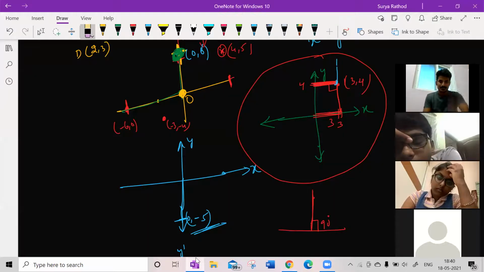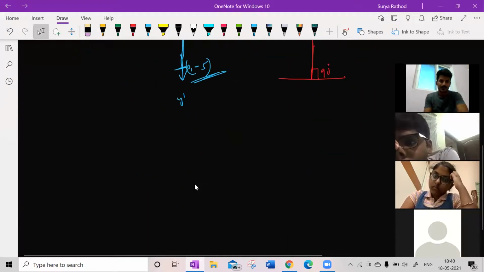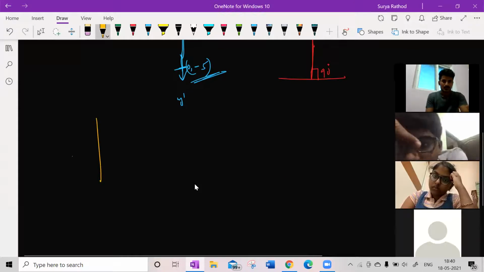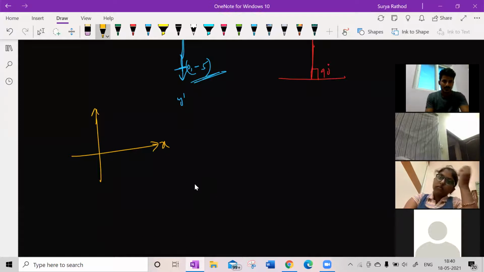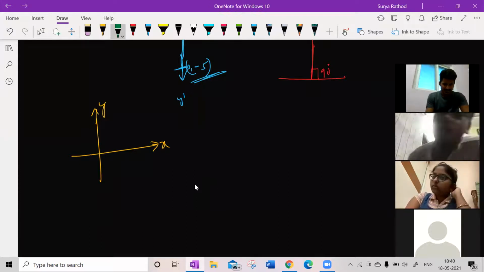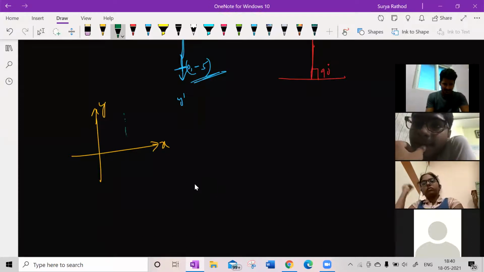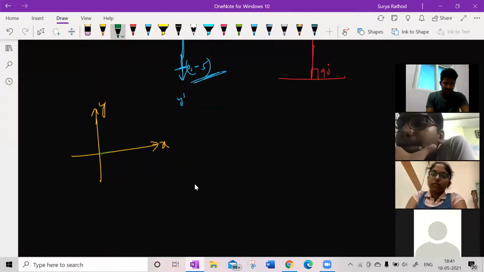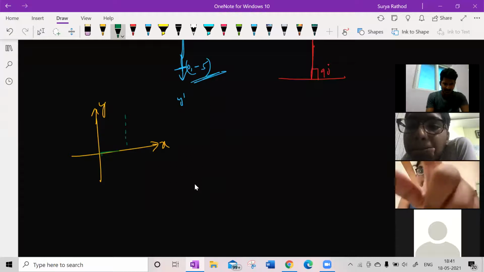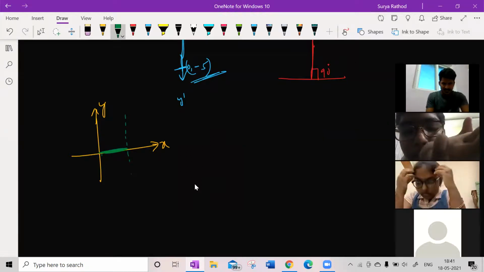Look at this here. See, this is my x-axis. This is my y-axis. If I draw any line like this perpendicularly, this is perpendicular distance.